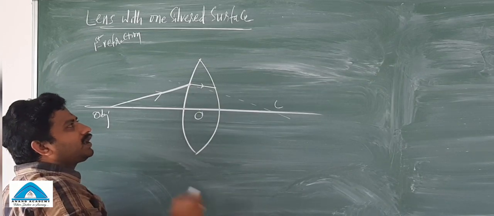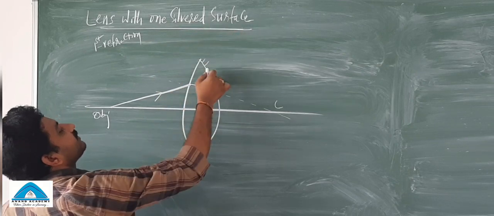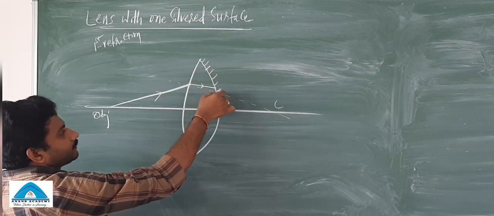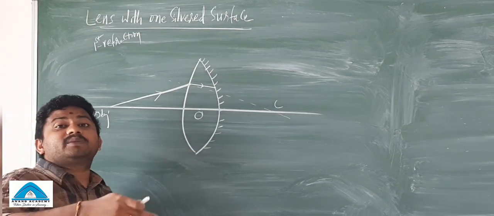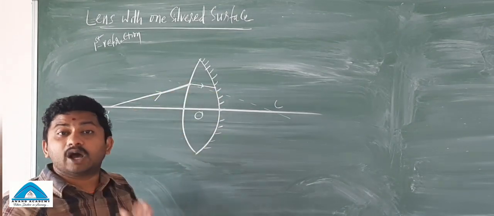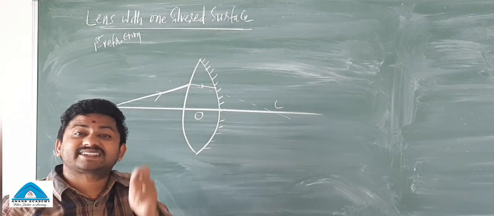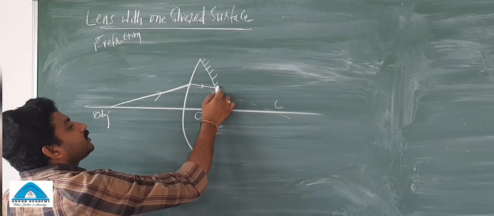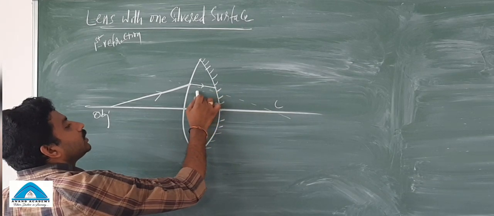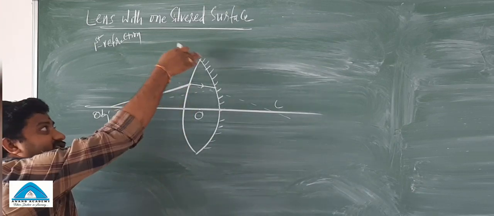Here, what I am doing, this is the one silvered surface. This surface is silvered. So that means there won't be any refraction now. From this surface there will be only reflection. This is the point of incidence, and at this point of incidence also you can draw the normal line, somewhere through the center of curvature for this surface.